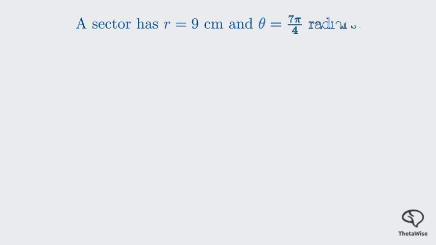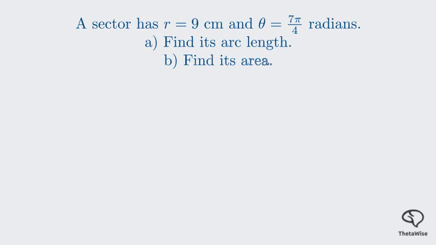For our final example in this section, let's look at a problem that mixes radians and involves a conversion. A sector has radius 9 centimeters and an angle of 7π over 4 radians. We need to find both its arc length and its area. The angle is already in radians, so we can proceed directly. For arc length, L equals rθ, which is 9 times 7π over 4.